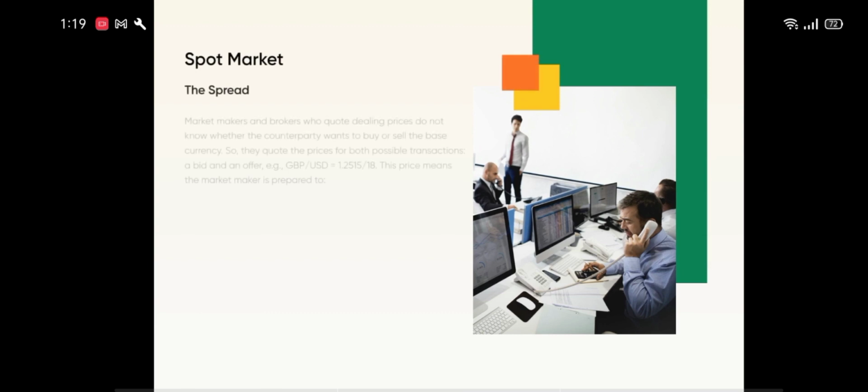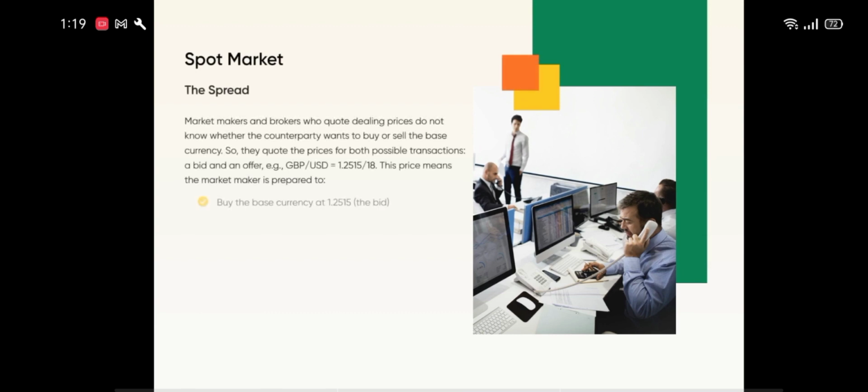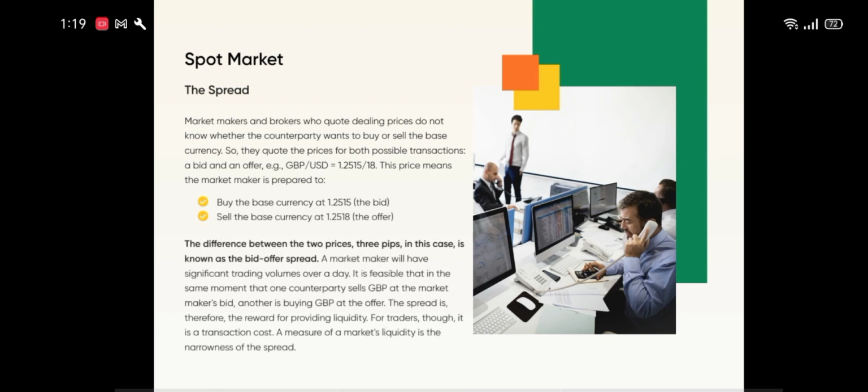The spread. Market makers and brokers who quote dealing prices do not know whether the counterparty wants to buy or sell the base currency. So, they quote the prices for both possible transactions. A bid and an offer, for example, British pounds or United States dollars equals 1.2515 or 18.